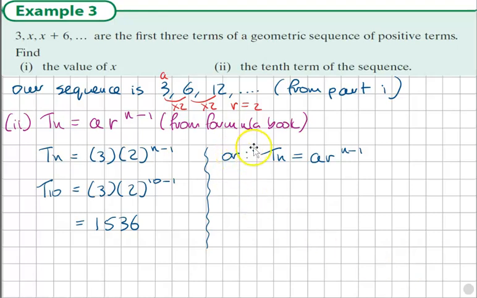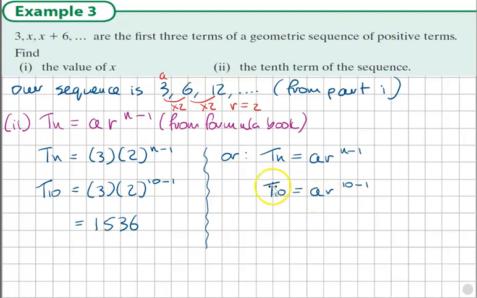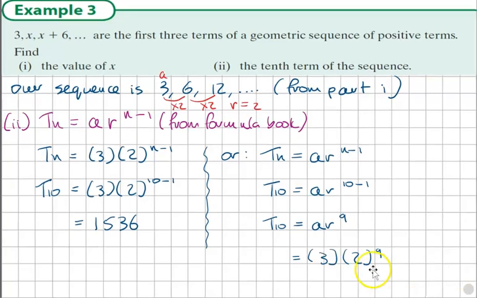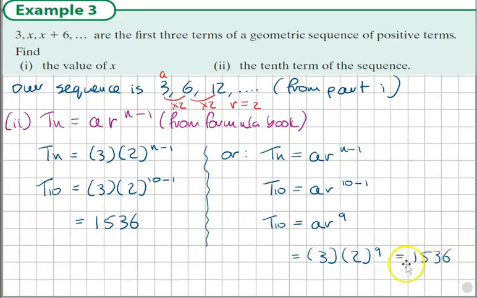Or we can again use our Tn formula. So Tn is equal to a r to the power of n minus 1. So T10 is equal to a r to the power of 10 minus 1. So T10 is equal to a r to the power of 9. And replacing a with 3 in a set of brackets and r with 2 in a set of brackets to the power of 9, again gives us 1,536.